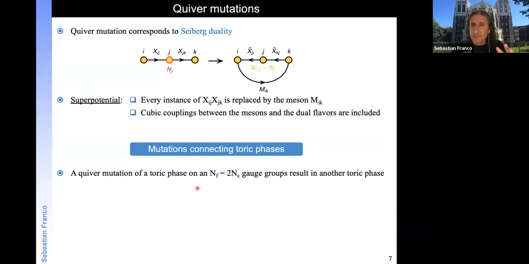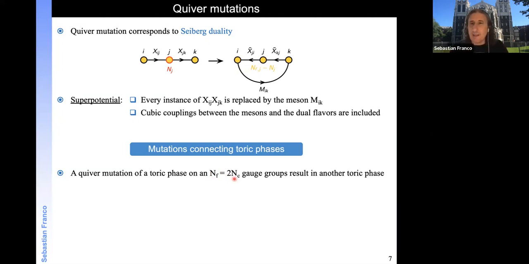So, in these cases, it basically corresponds to having a number of flavors which is 2 times the number of colors. So the rank, by the way, is also transformed. It's the total number of flavors, being either the total number of incoming arrows or the total number of outgoing arrows, minus the initial rank. So it's a Seiberg duality on a node that has a number of flavors which is equal to 2 times the number of colors.